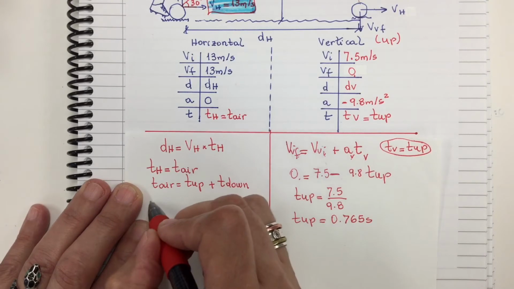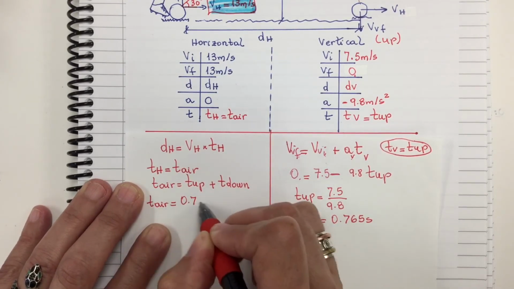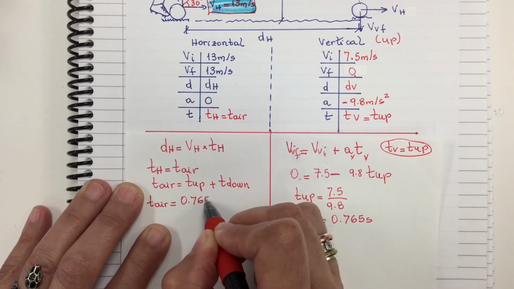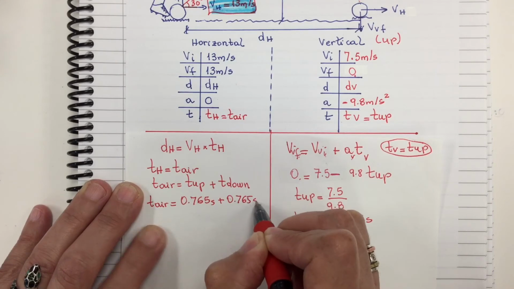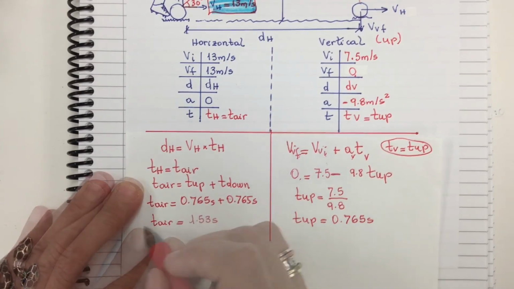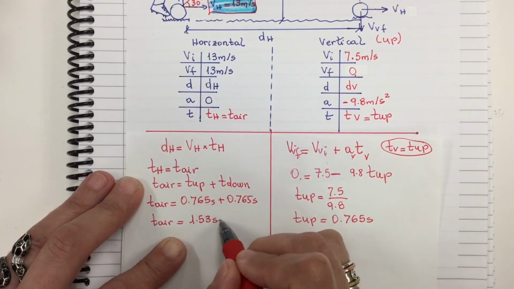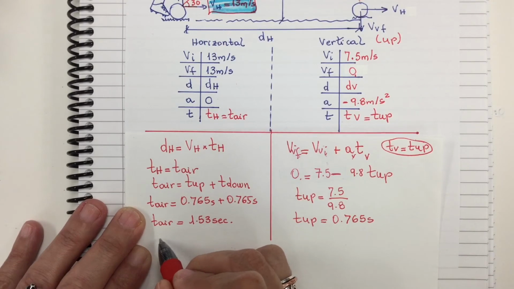So the time in the air is 0.765 plus 0.765, the same value, which is 1.53 seconds.